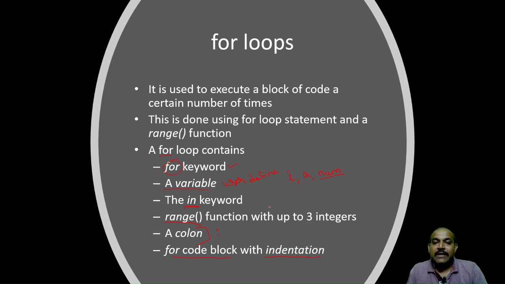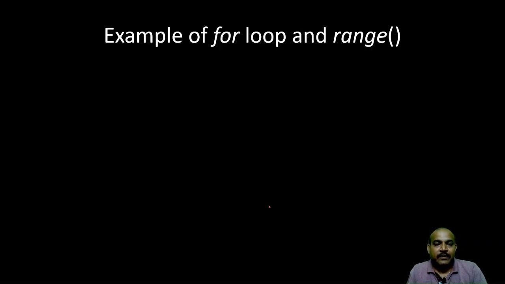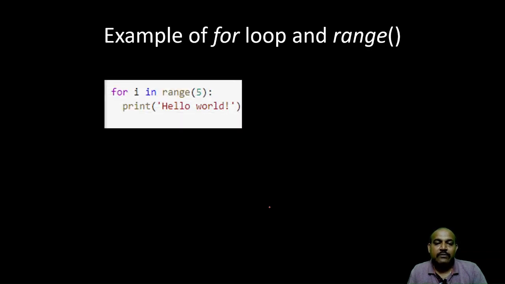Now let us take one example so that we will understand the syntax better. Let us take an example of a for loop along with the range function. As I said in the previous slide, for is a keyword which I am using as it is. The variable name is user defined, so here I am using i. And in is a keyword which I am using as it is, and in range you specify the range.